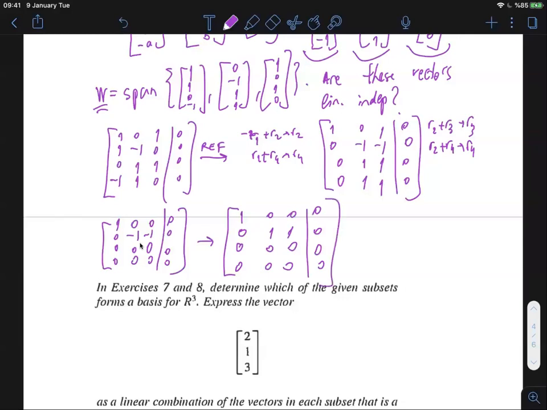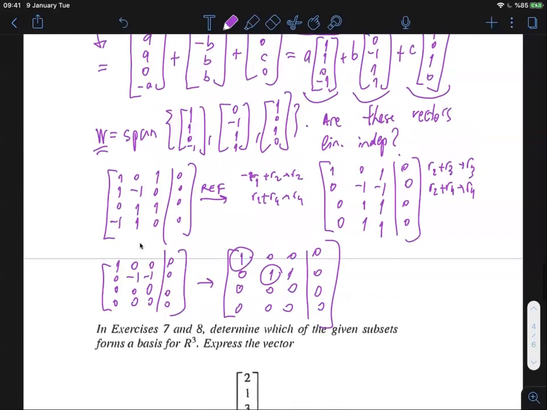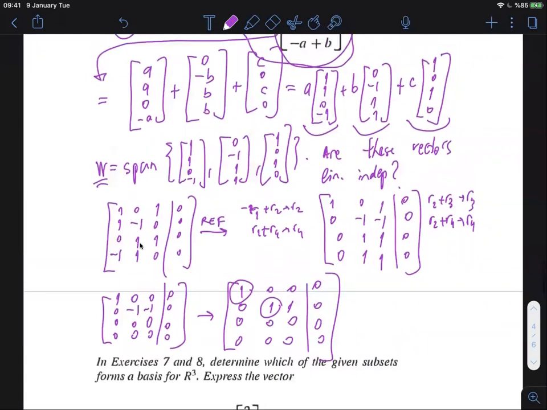Okay, what does this mean? This means we have only 2 leading ones, right? So these are the only leading ones. So how many vectors do we have here? We have only, so basically we need only 2 of these vectors, which means the second vector is a linear combination of the third vector, right?